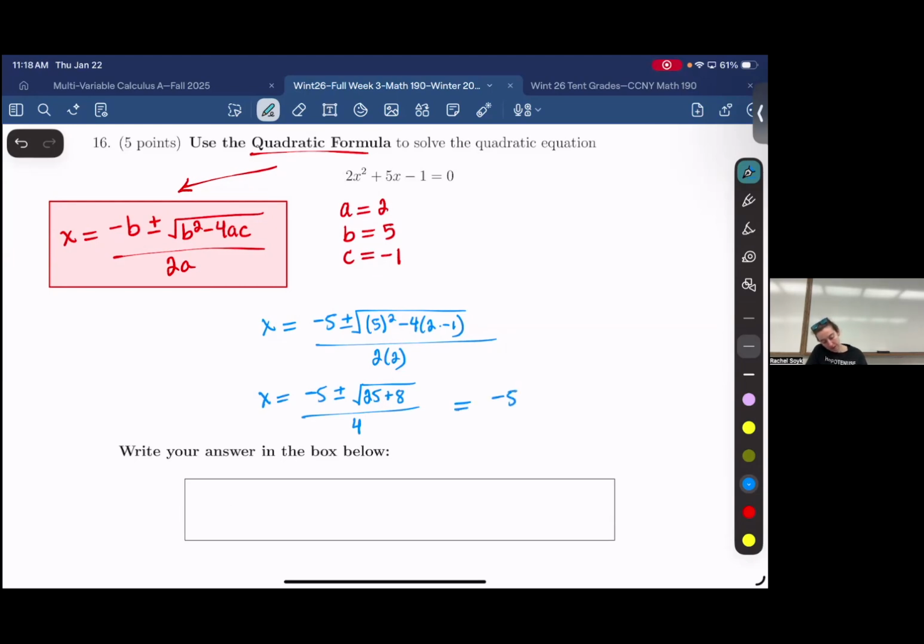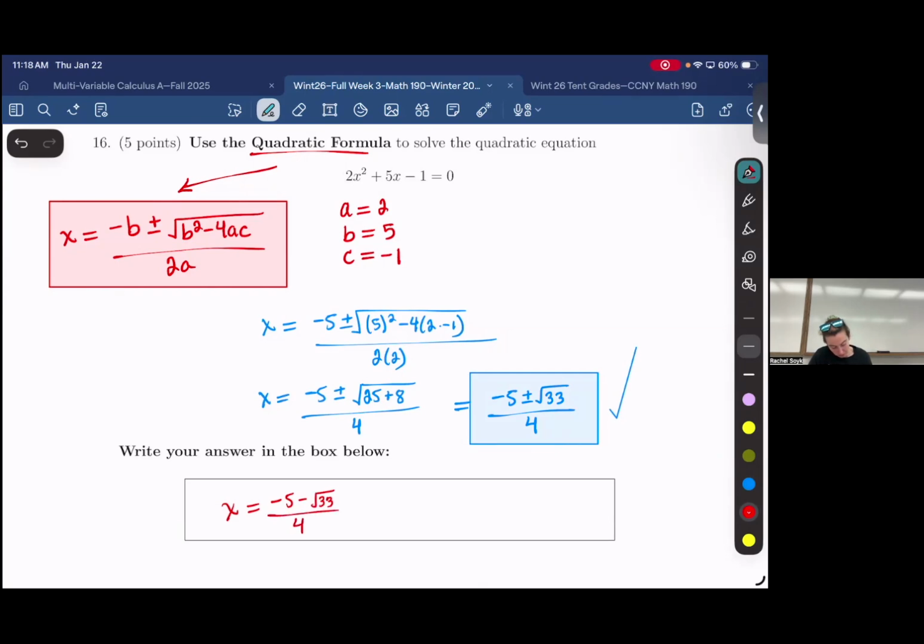We get negative 5 plus or minus the square root of 25 plus 8 is 33, which can't be simplified anymore. So we get our final solutions for x to be negative 5 plus square root of 33 and negative 5 minus square root of 33, all over 4.